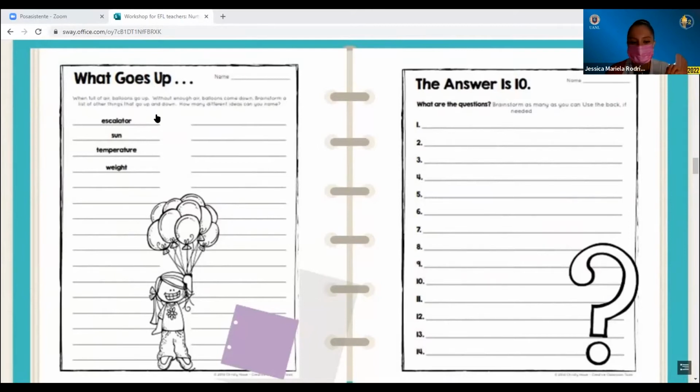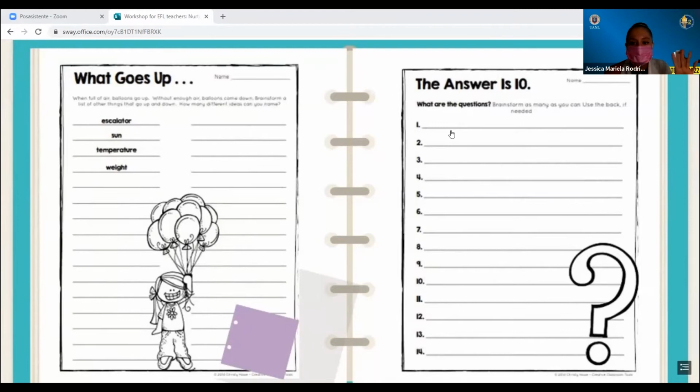We have to brainstorm things that go up, like an escalator, the sun, temperature, weight, and here we have a drawing. So I'm going to ask you to brainstorm as many words as you can that go up. If you like the other activity better, you have to brainstorm questions.